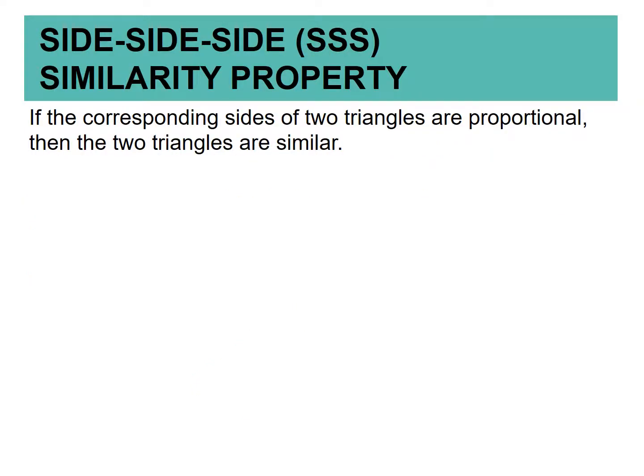Okay, there's also a similarity property, side-side-side. It's kind of analogous to the side-side-side congruence property, except this says that if the corresponding sides of 2 triangles are proportional, that means if you set up the ratio between corresponding sides that they're equal, then the 2 triangles are similar.